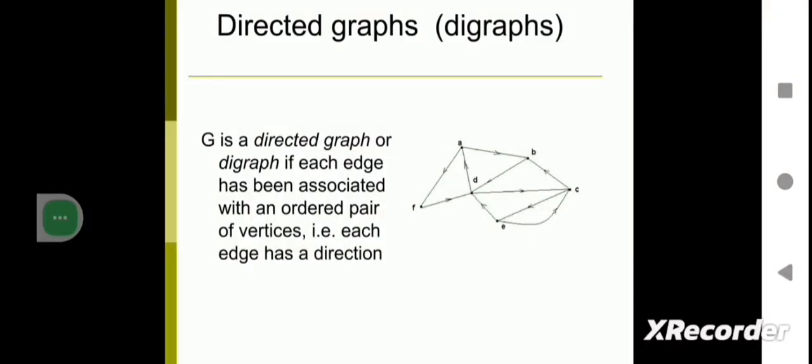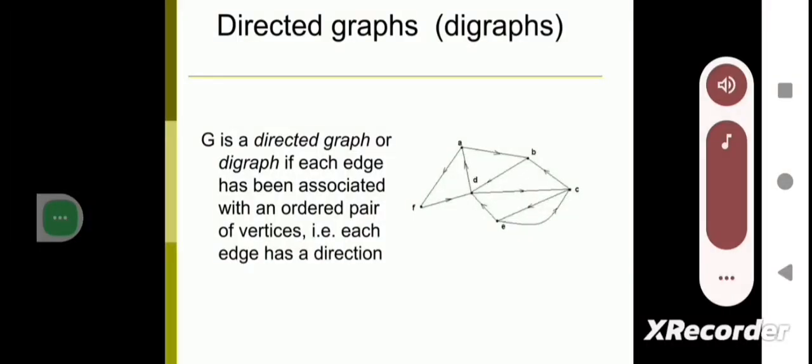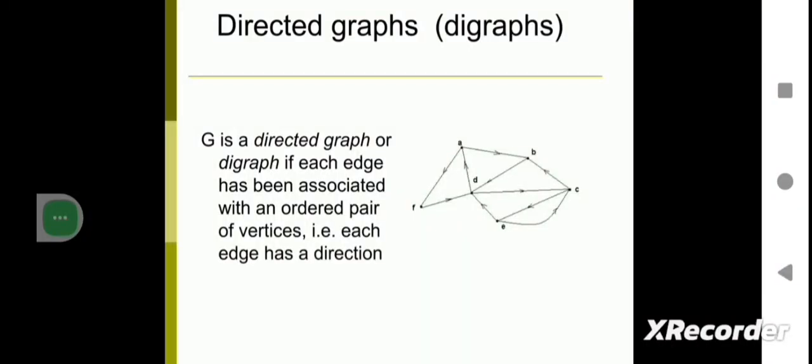Next, directed graph, other name digraph. G is a directed graph if each edge is associated with an ordered pair of vertices. That is, each edge has a direction.